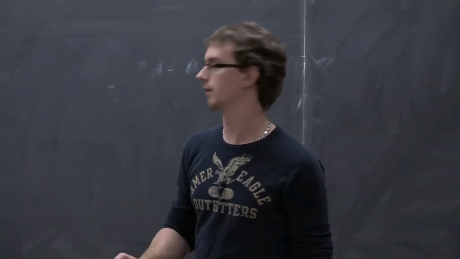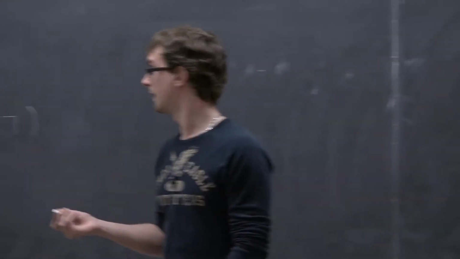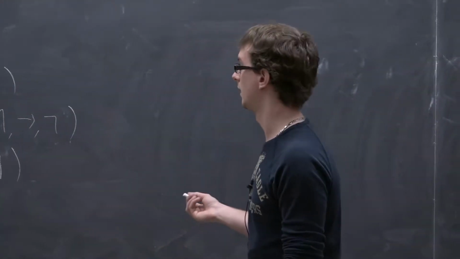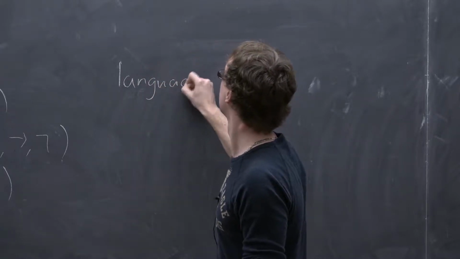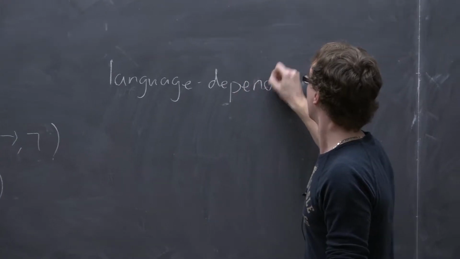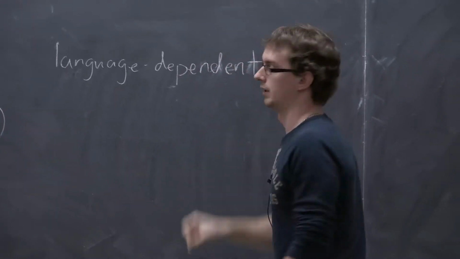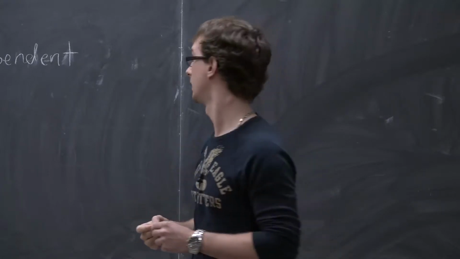So these are the things that are going to exist in all of the different first-order languages that we look at. And then the things that are dependent on the particular language that we're choosing, so the language-dependent symbols, are going to be the things that actually have some connection to the semantics of the language.